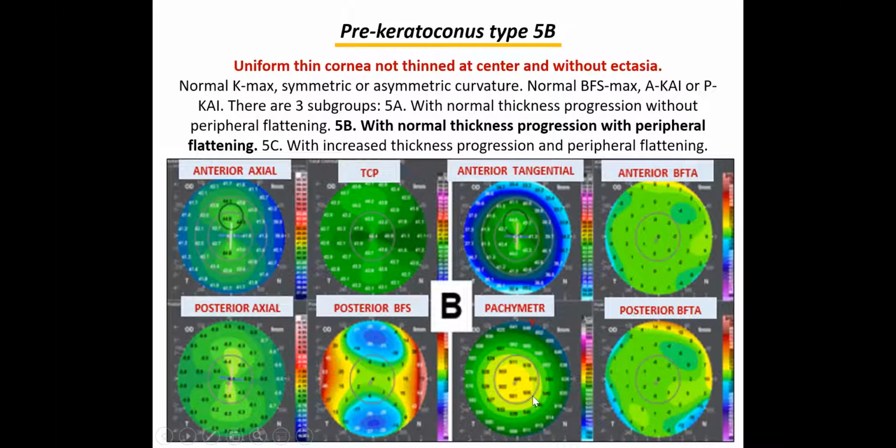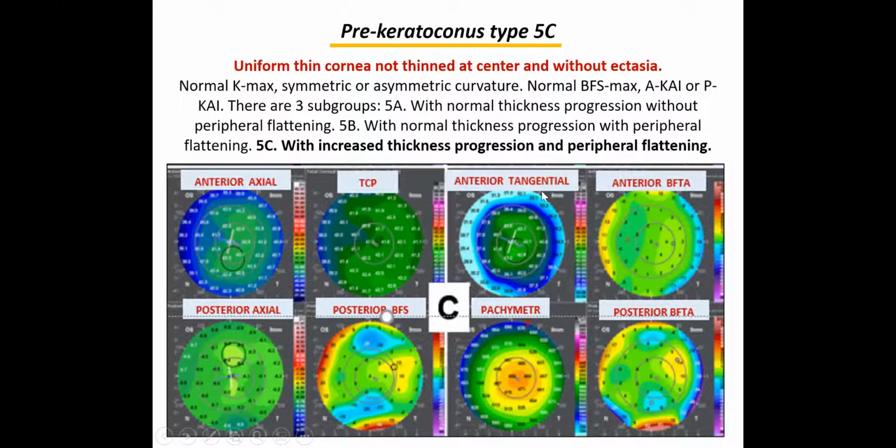Here, the spot is thin, but without the lump. But in this case, we have peripheral flattening. And also, we may have the 5C pattern with a much thinner cornea at the center without ectasia, with peripheral flattening, and also with faster progression of pachymetry.